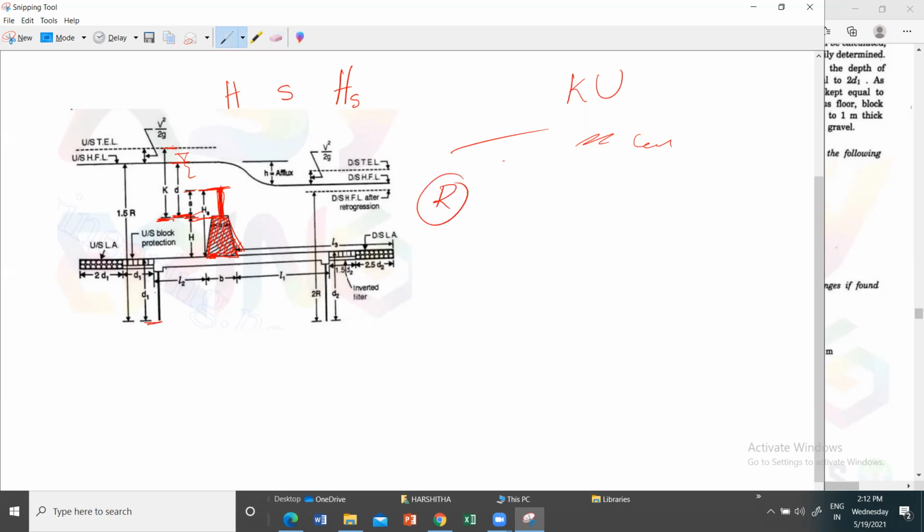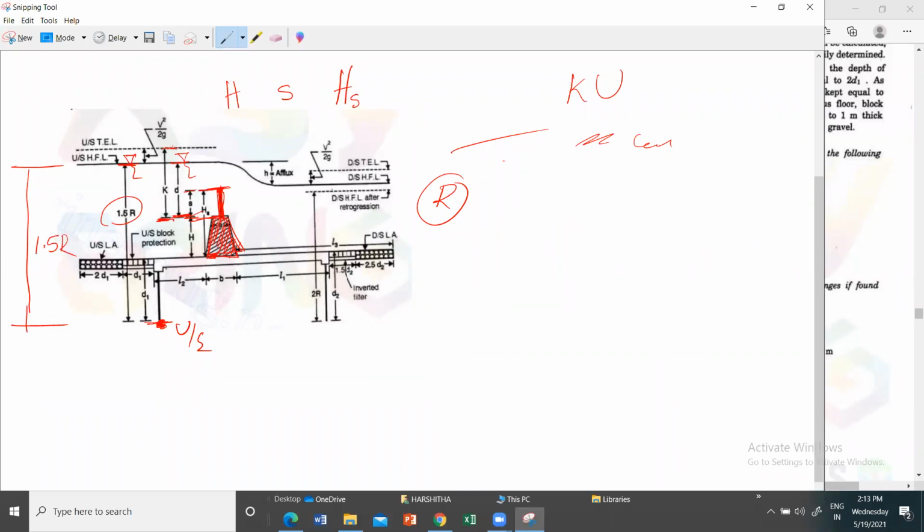The bottom level is calculated from the upstream side high flood level to the bottom of the sheet pile, or vertical cutoff sheet pile. For the bottom level of the upstream side sheet pile, the distance is 1.5 times R, from here to here.